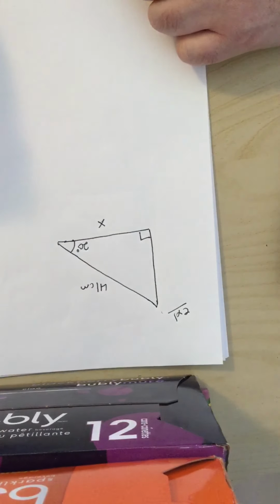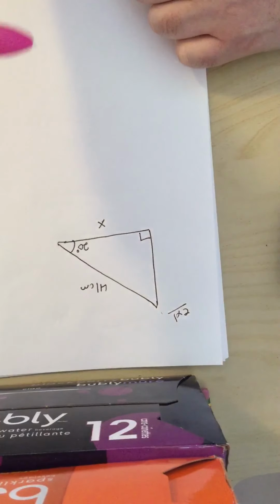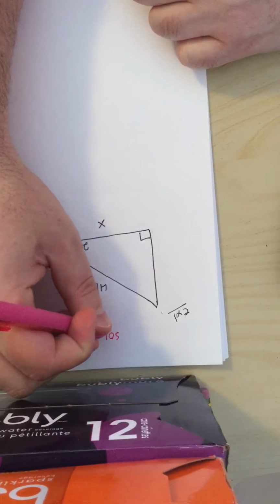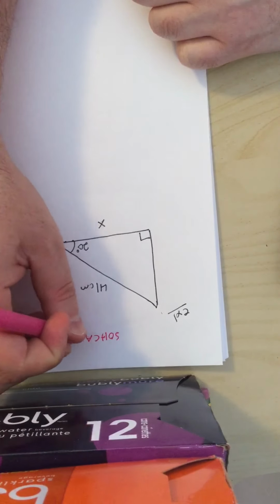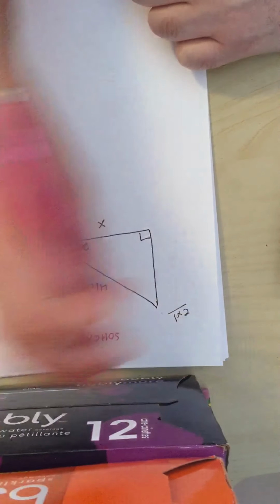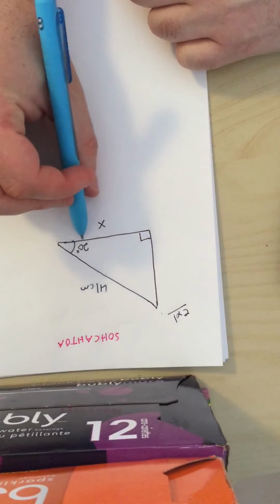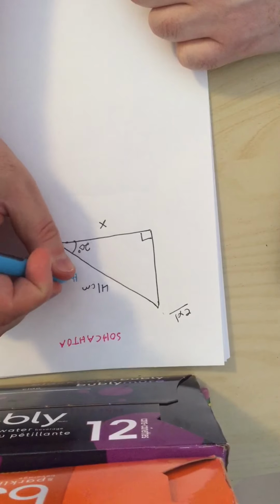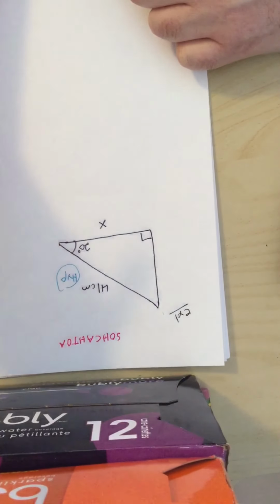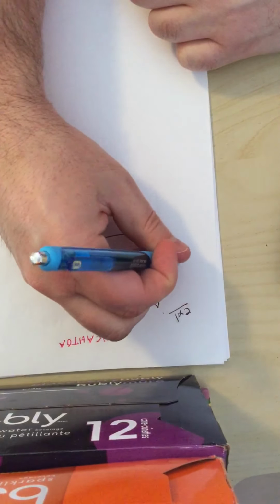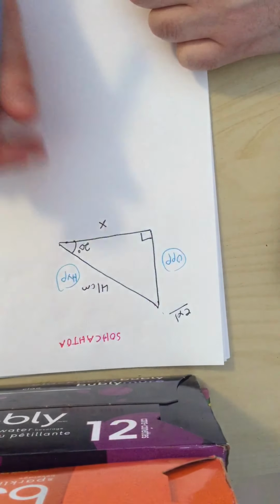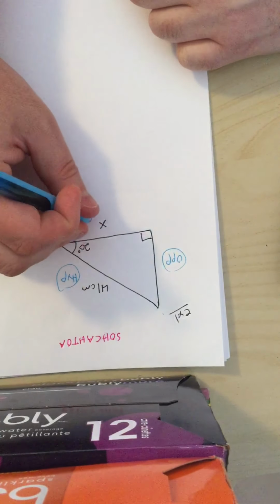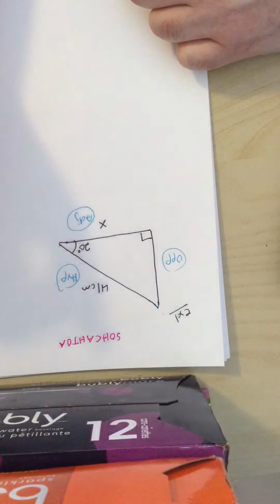And our goal is to find x. So we're going to remember, of course, SOHCAHTOA, and we're going to name the sides. So this is our angle. Then we know that this is the hypotenuse because it's across from the 90. Across from the angle is the opposite. And the one left over is the adjacent. So it's the opposite, hypotenuse, and adjacent.